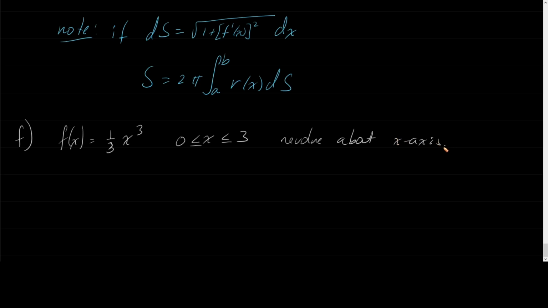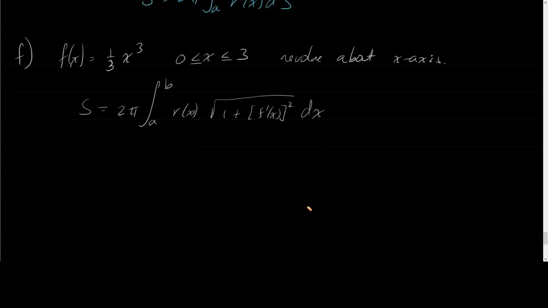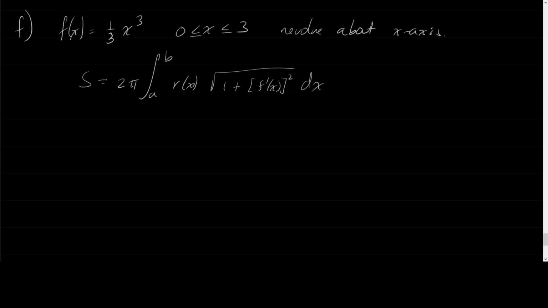It doesn't really matter what axis we're rotating about; the formula is still the same. The surface area is 2 pi times the integral from a to b of r of x times the square root of 1 plus f prime of x squared dx. So let's see how to apply this.